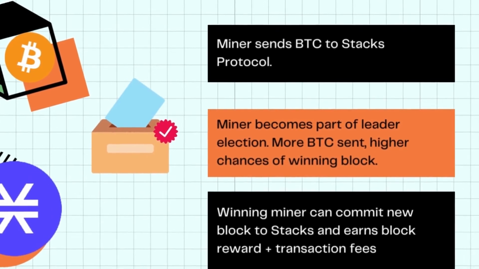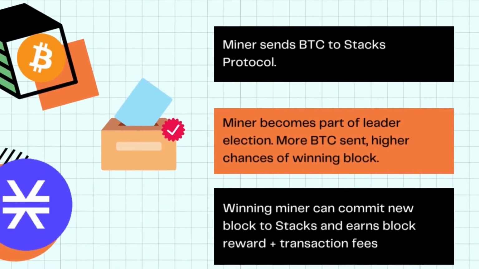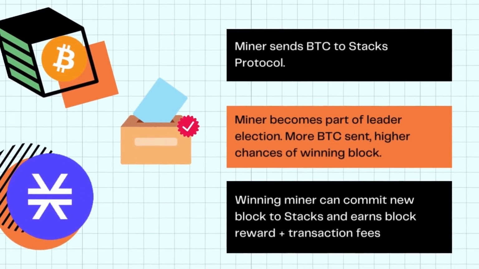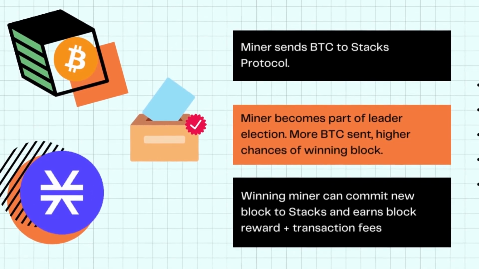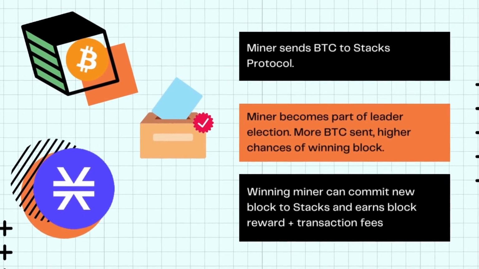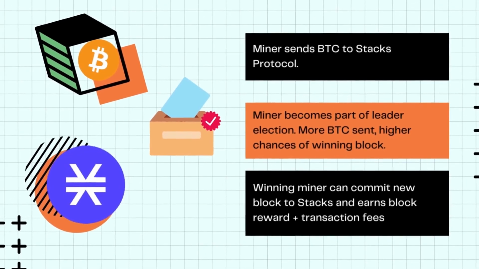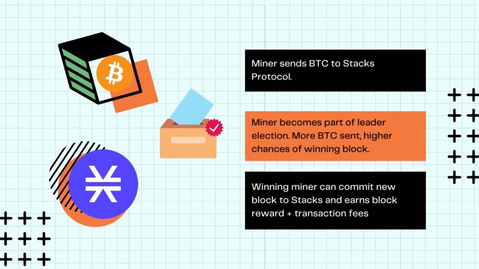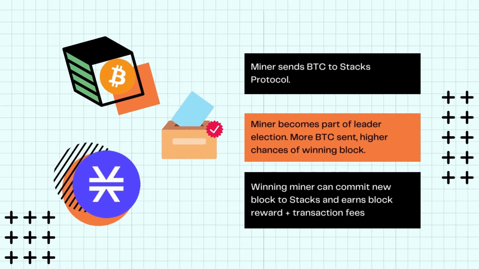Weighted because it takes into account the Bitcoin sent by each miner, and the probability of winning the block is higher with a higher amount of Bitcoin invested. Once this election is complete, the winning miner has the right to commit new blocks to the Stacks blockchain, and they receive the block reward, that is the newly minted Stacks plus the transaction fees. This is how the whole process looks on the miner's side.